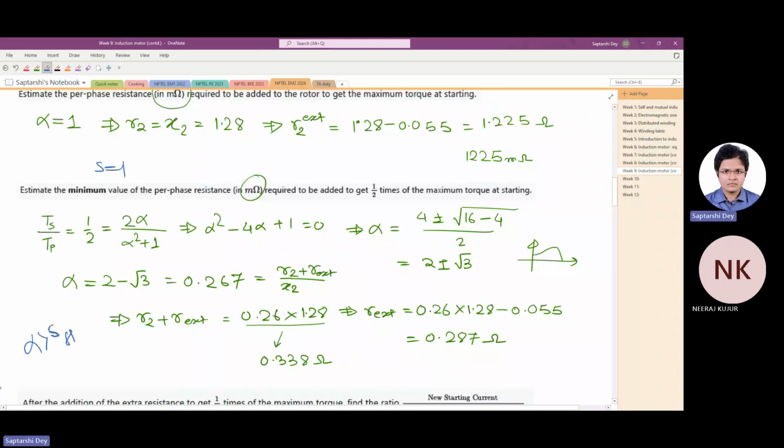Lower the speed, higher the slip. Using this condition, we can eliminate one solution of the quadratic equation, and we finally get the value of how much external resistance we need to have half the maximum torque at starting.